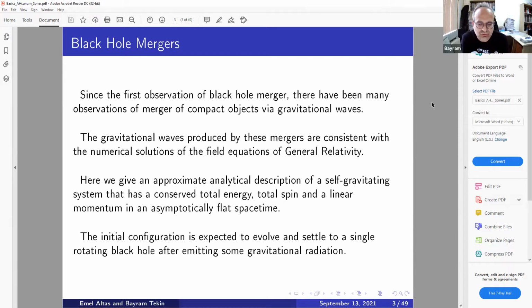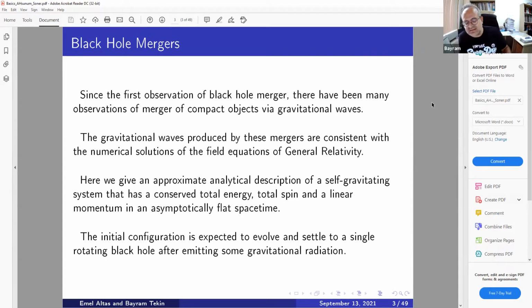So what I'm going to do is, first of all, I will talk a little bit about what is a black hole for a smart person that lives only for a finite amount of time. Like you. And then I will describe an approximate analytical description of a self-gravitating system that has a total conserved energy, total spin, and linear momentum in an asymptotically flat space-time. So what we expect is this initial configuration of pure space, albeit non-uniformly curved, to evolve and settle into a single rotating black hole after emitting some gravitational radiation.